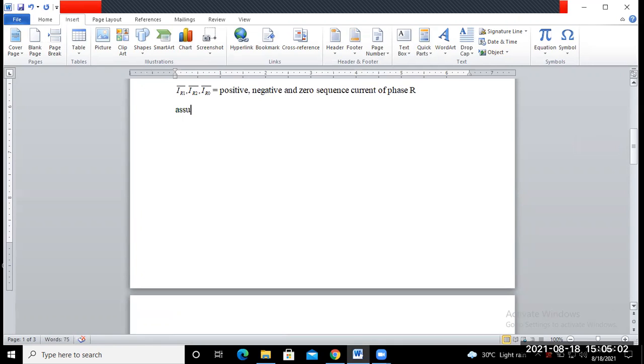First of all, mention the assumption. The pre-fault alternator is operating at no load condition.